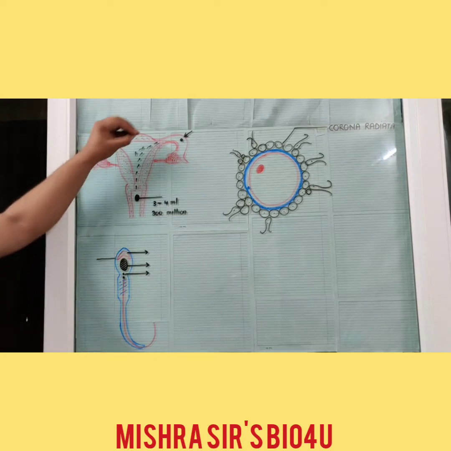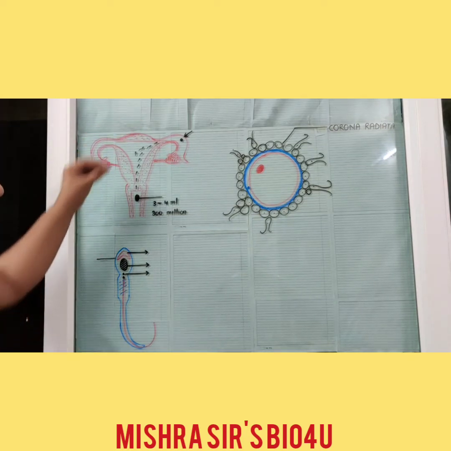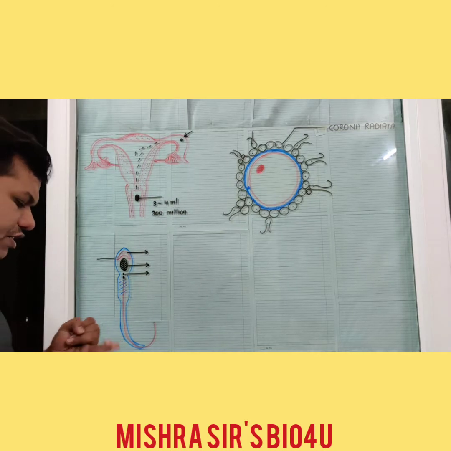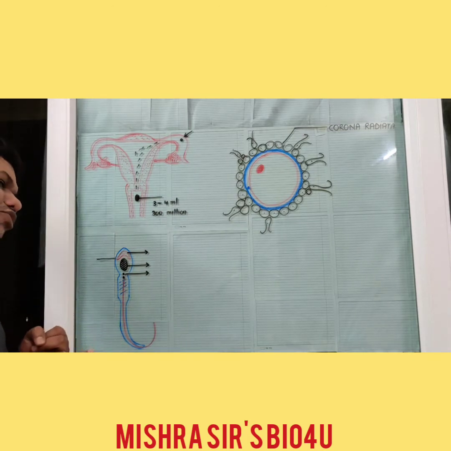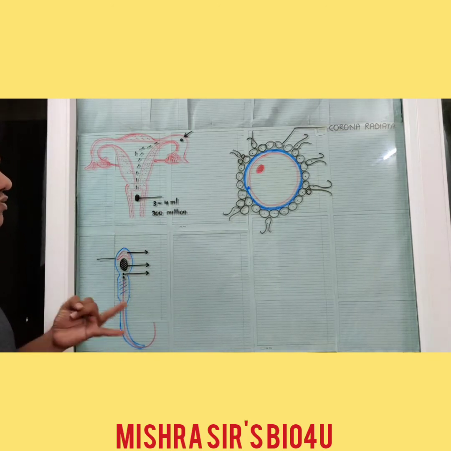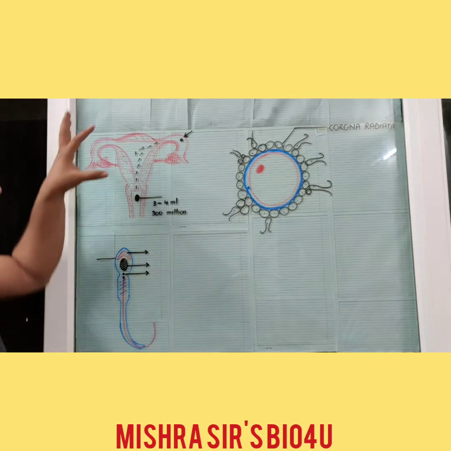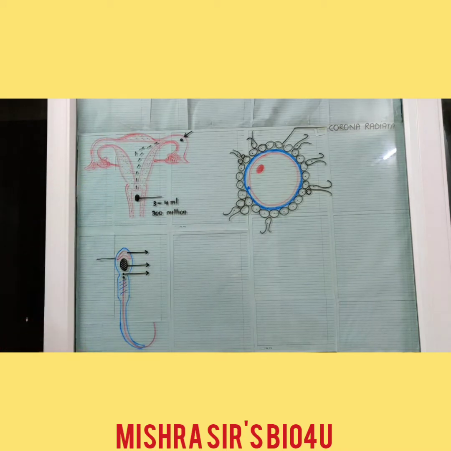Now the sperm are moving. During this journey, they come across physical barriers. They also come across chemical barriers. Chemical barrier means the female vagina is highly acidic, so most of the sperm die. They also come across macrophages, the WBCs of the female body, which consider sperm a foreign body and destroy them.